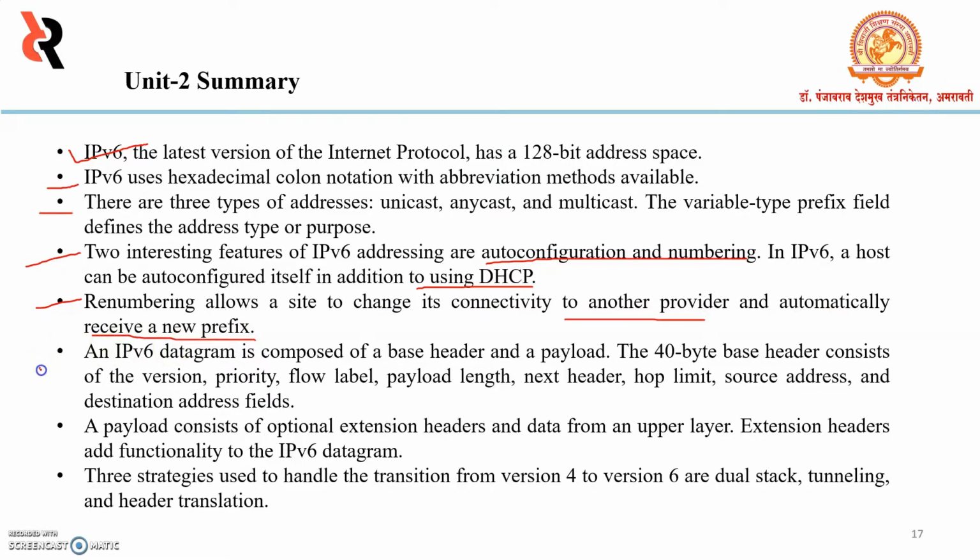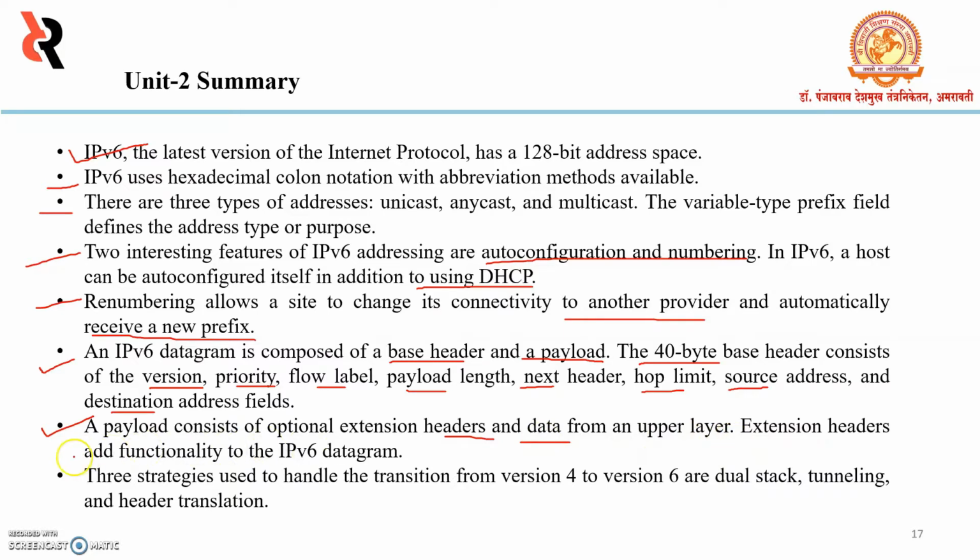We have also seen that an IPv6 datagram is composed of a base header and a payload. The base header has 40 bytes and consists of version, priority, flow label, payload length, next header, hop limit, source address and destination address. Total 8 fields. Payload consists of optional extension headers and data from an upper layer.